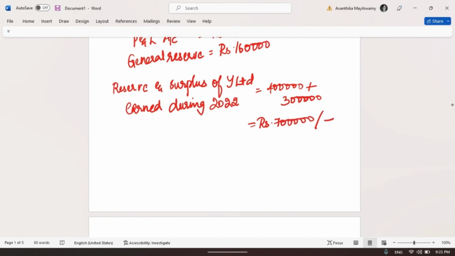Now if we reduce the reserves and surplus at the beginning of this year, we can easily get the reserves and surplus earned during this particular year.